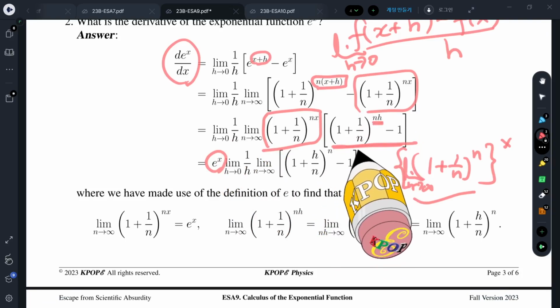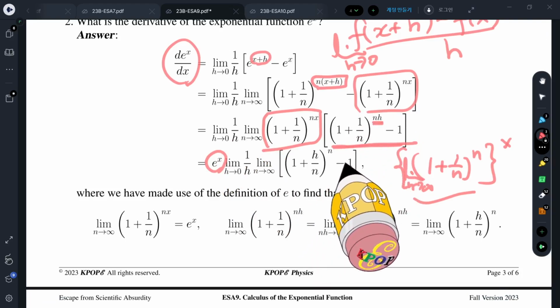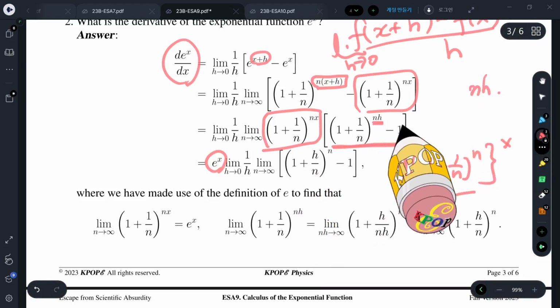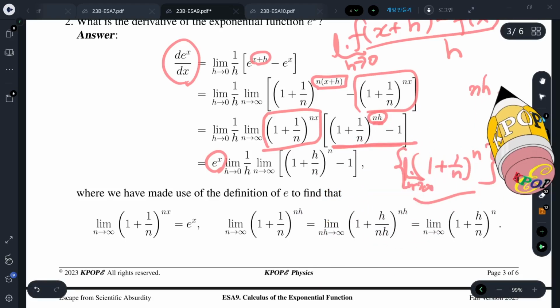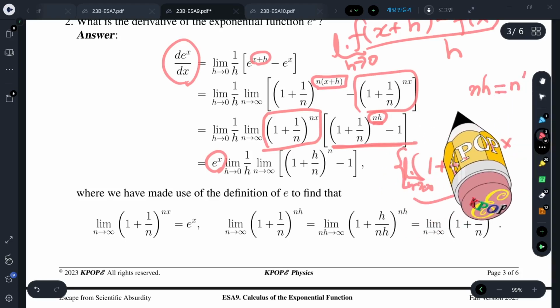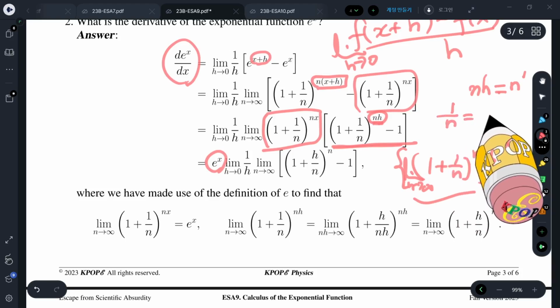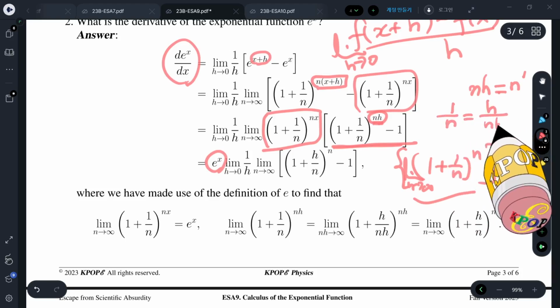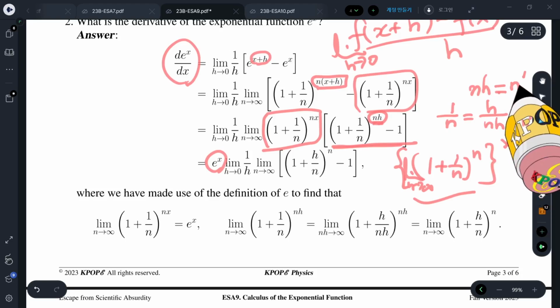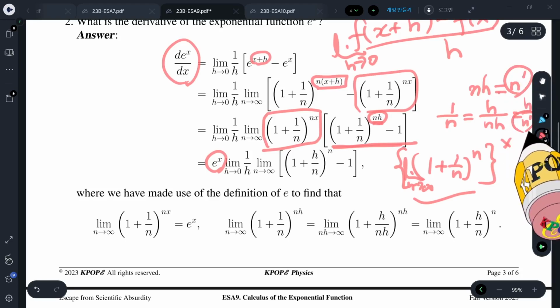Okay, so why don't we rewrite this nh as n prime. Then 1 over n is h over nh, so this is h over n prime, and the n prime in the exponent is the same.